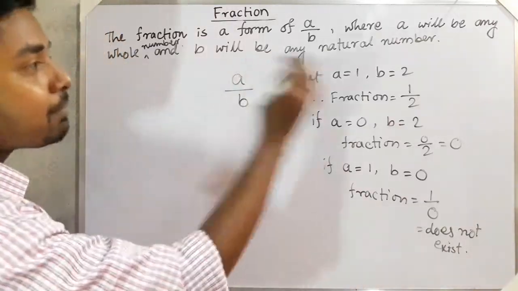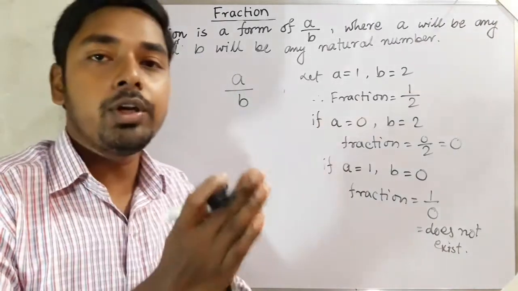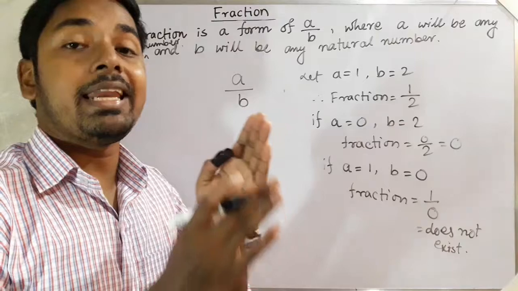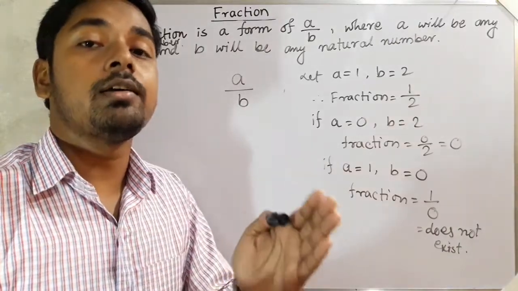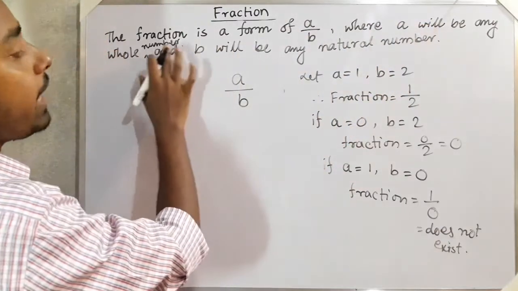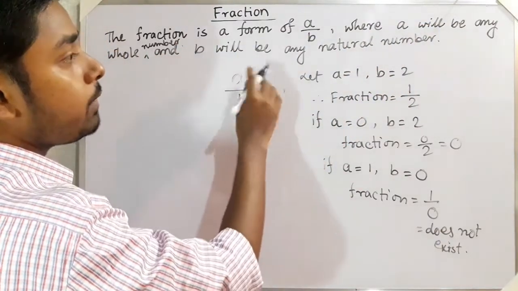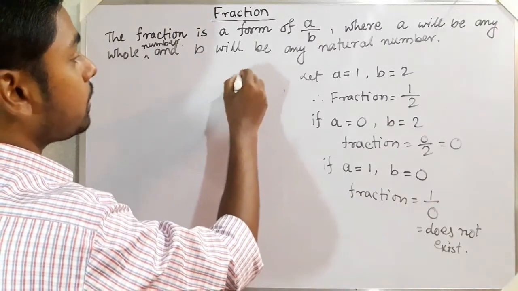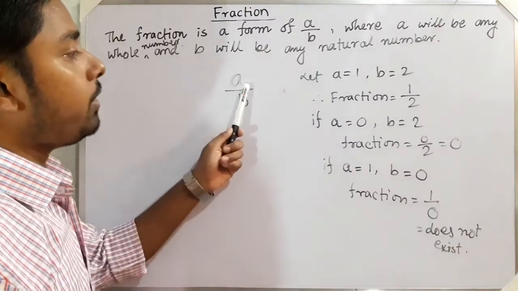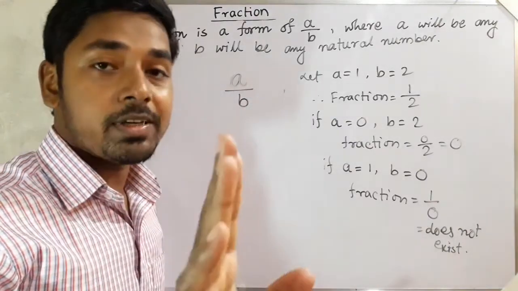So here a will be any whole number, and we know whole numbers start from 0 and natural numbers start from 1. So the value of a can be 0, but the value of b cannot be 0.